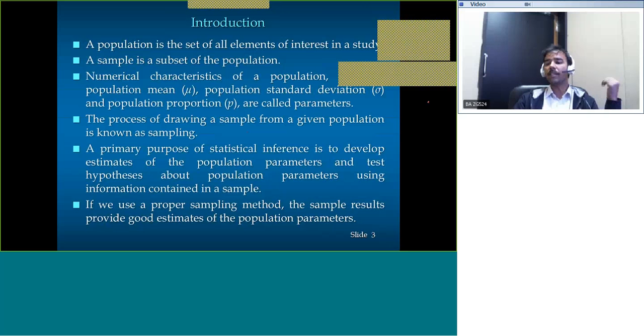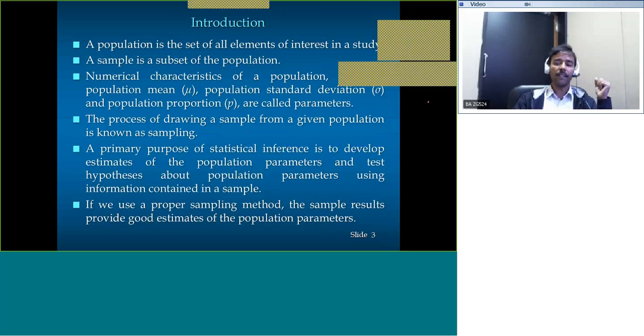Whatever objects we are going to study, that collection can be taken as a population. It is difficult to study the characteristics of a population at a time. That's why we take a small subset of the population known as a sample. So a sample is a subset of the population.